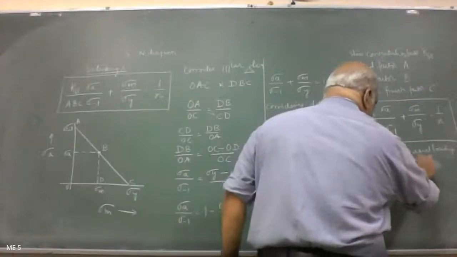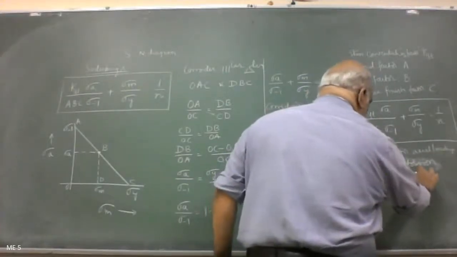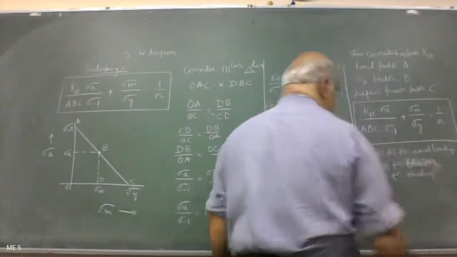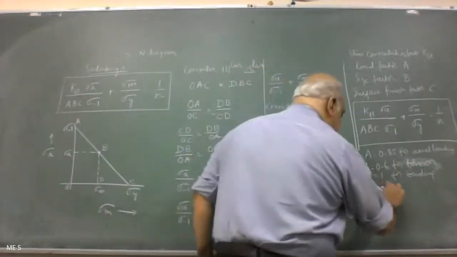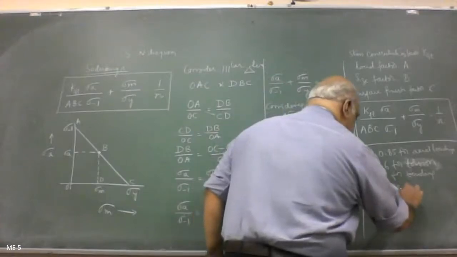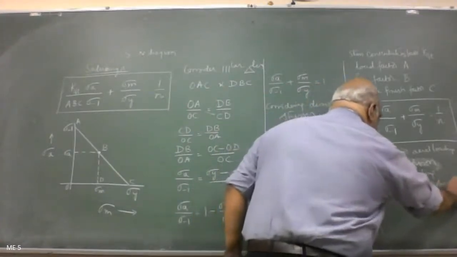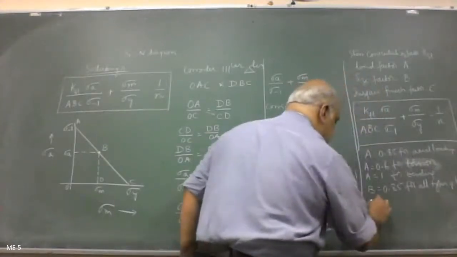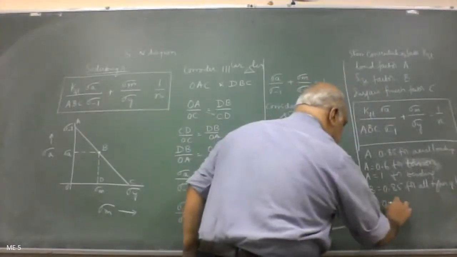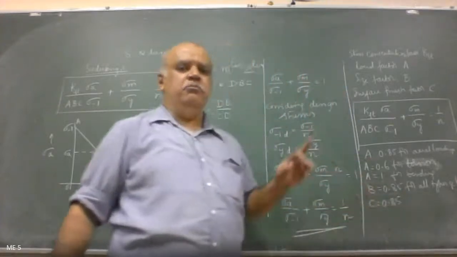Okay? So 0.6 because torsion load is more severe, and 1 for bending. That means in bending, it does not have effect. And then B will be equal to 0.85 for all types of loading, and C is equal to 0.85 for all loadings except for mirror finish.